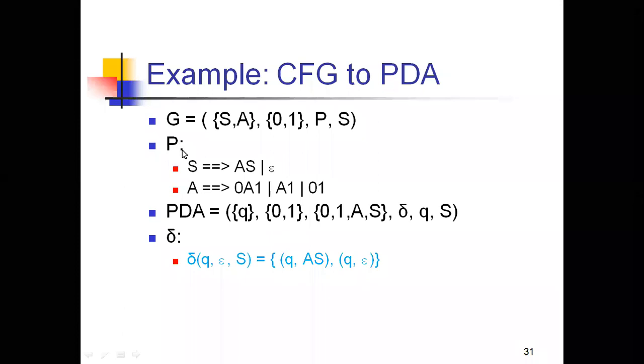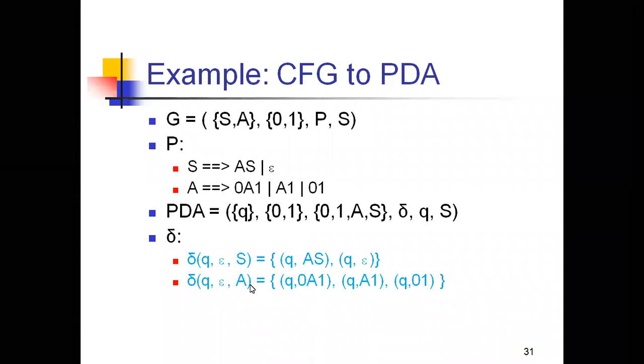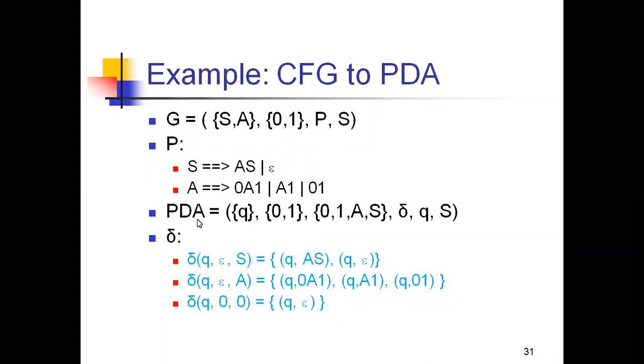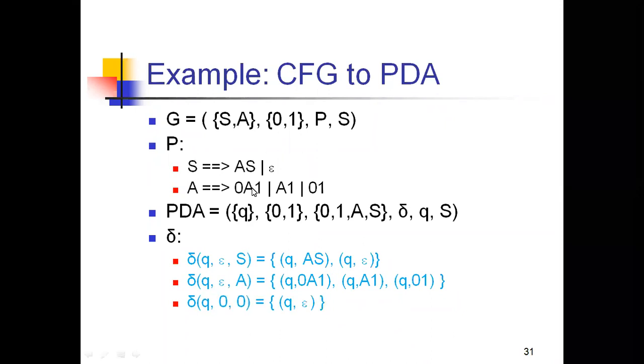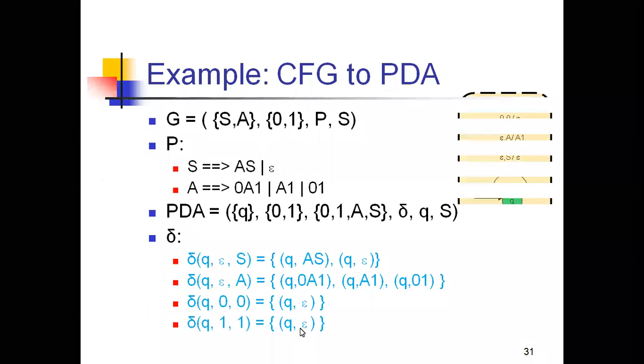And the same for A also. A has three rules, so you need to define all three. For q epsilon comma A, in the place of A, one time I can substitute 0A1, at another time I can replace A1, or at another time I can replace 01. So these are the transition rules for the variables. Now coming to the terminals, from the given grammar I have 0 and 1. If it is 0 0, then you need to pop, making it an epsilon, or if it is 1 1, you need to pop, making it an epsilon, right?